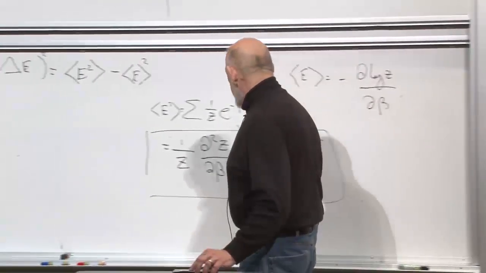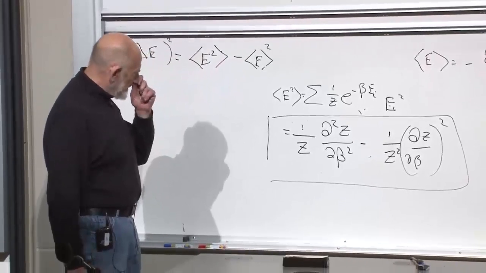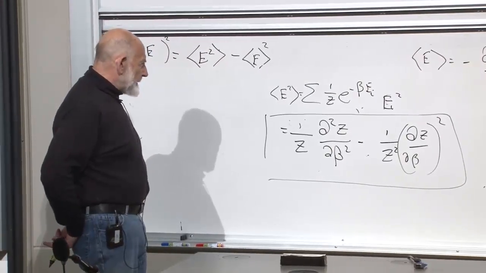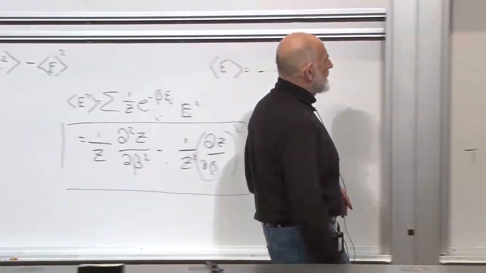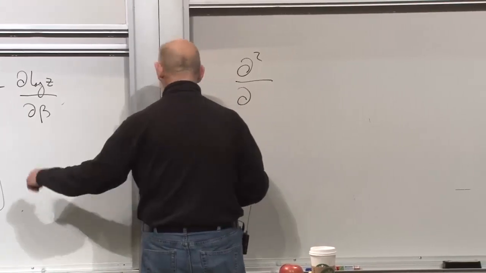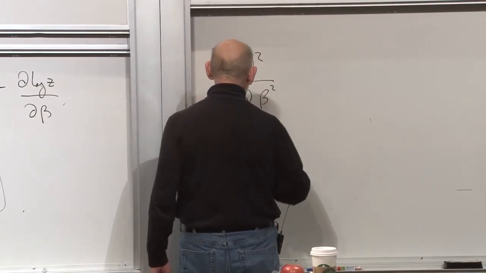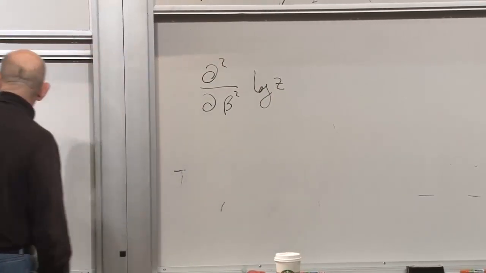Okay, let's take a look at this. Let's take a look at the following quantity: the second derivative with respect to beta squared of log Z. Is that what I want?